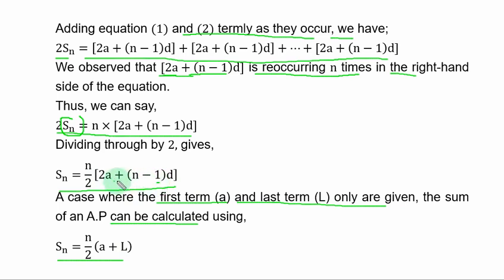From that a to this part is the nth term, which also means the last term. So you replace that term with L, and you are left with S sub n equal to n over 2 times (first term plus last term).